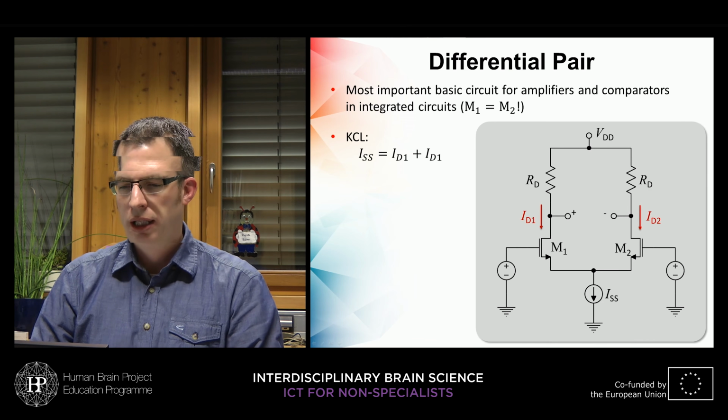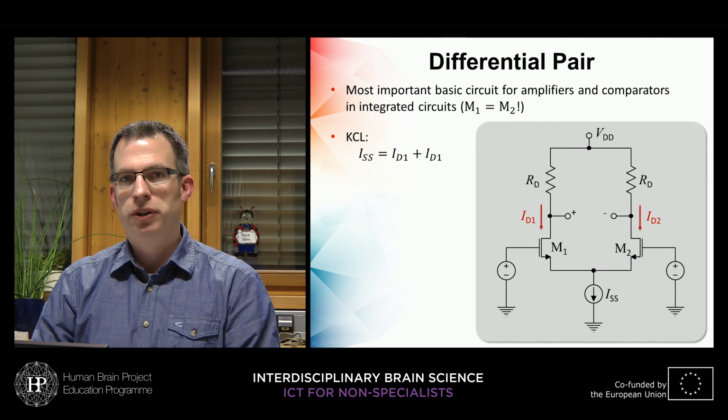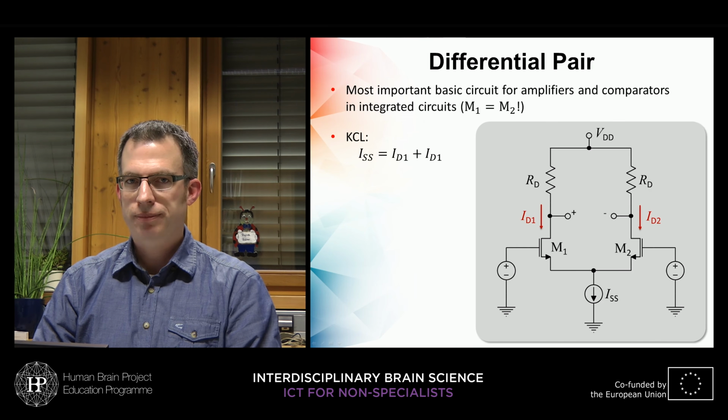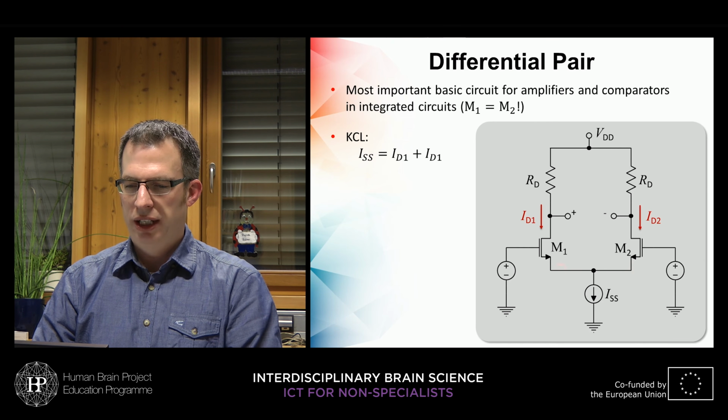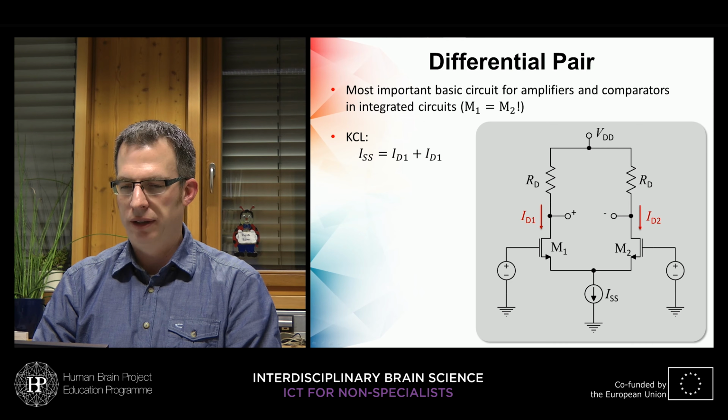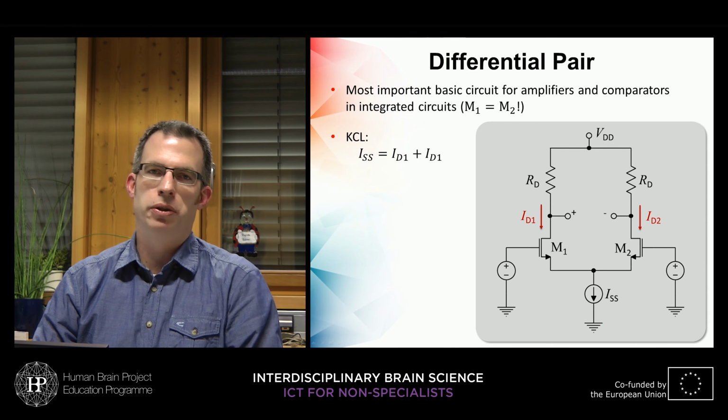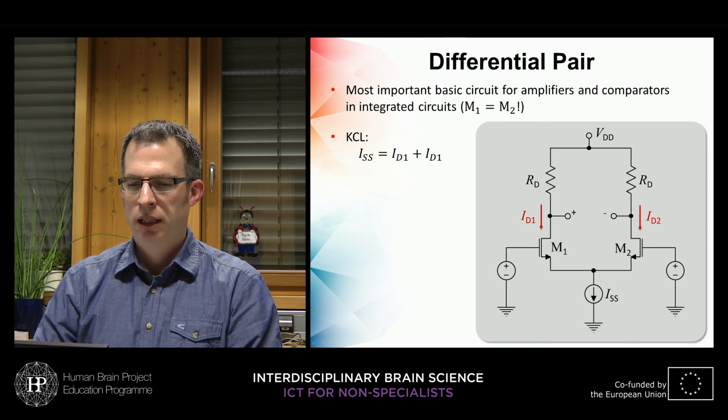and we can analyze this circuit now by starting to have a look at the currents. So we know that no current is flowing into the gates of the transistors, so the currents flowing into the drain terminals are identical to the currents flowing through the source terminals, and they are collected at this current source down here. So what we can say is that the current supplied by the current source, ISS, equals the sum of the two drain currents, ID1 and ID2.